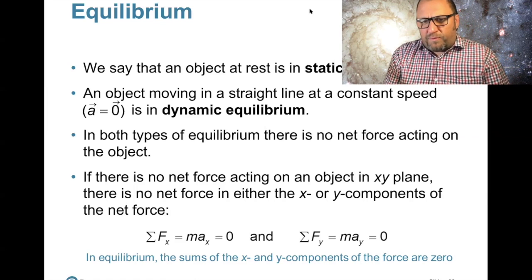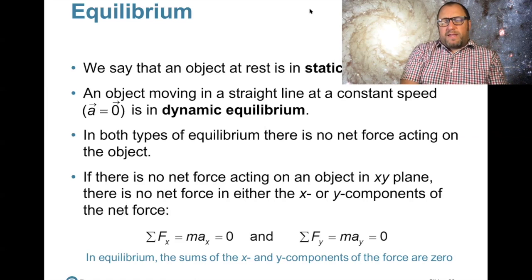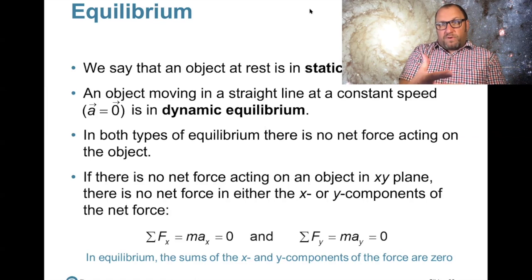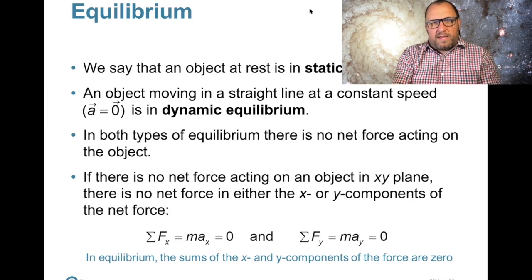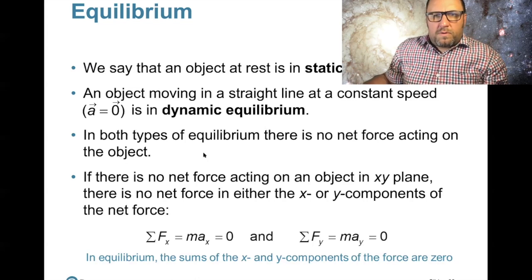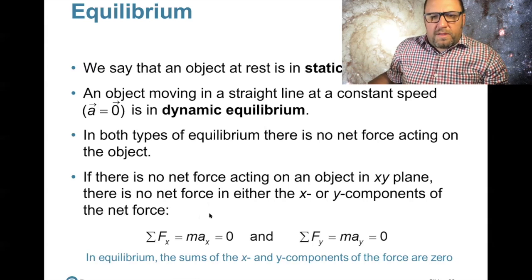If there's no net force acting on an object in the XY plane, there's no net force either in the X or the Y components of the net force. If it's in equilibrium, then the forces are balanced. So if I sum up my X and my Y forces, then they are perfectly balanced.